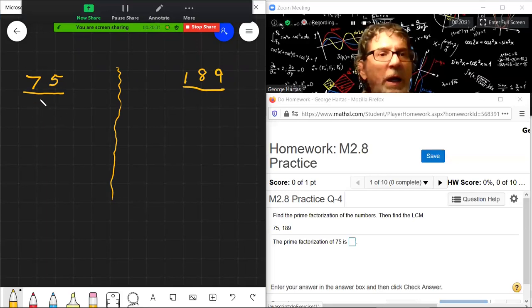Now, we got to come up with what times what is 75. Again, here's where the divisibility rules really come in handy. This ends in 5, so I know 5 divides into it for sure. I know that 5, which is prime, so I'm circling it. 5 times something is 75. I know that for a fact, since this ends in 5, using my divisibility rules.